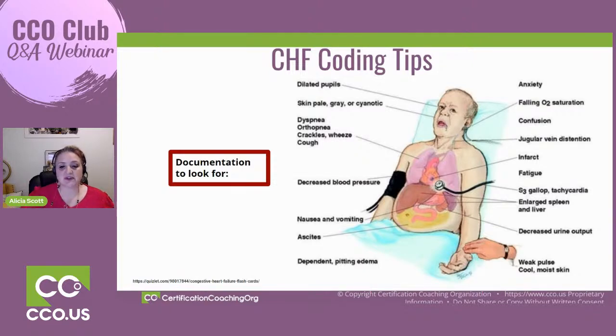So this is all stuff that they're going to notice in the exam portion. And these are leading that provider to CHF, or they probably already have CHF and it's documented, but it's going to be helpful to you and make you a more accurate and faster coder when you know the common signs and symptoms of any disease process.